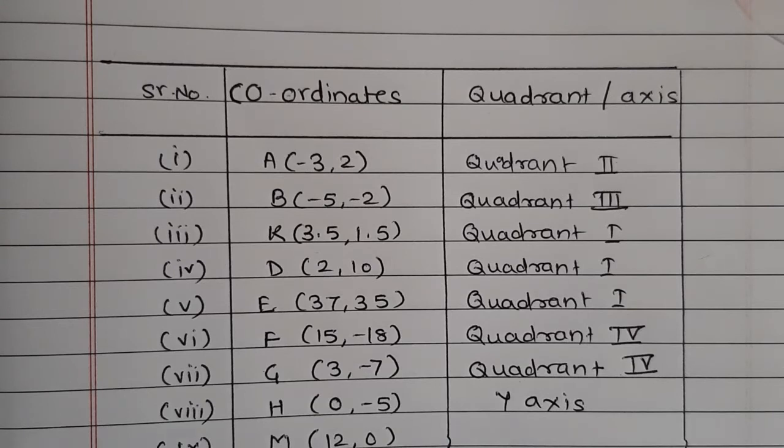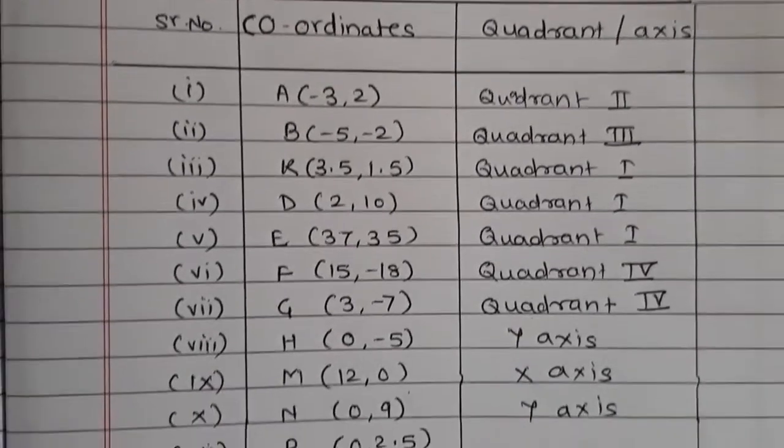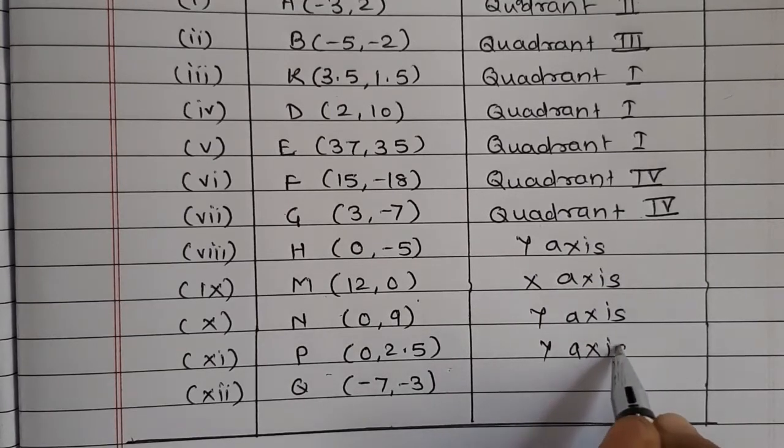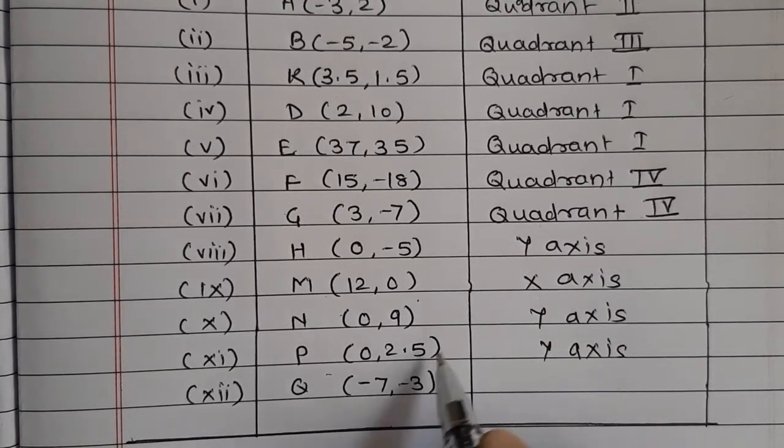M (12, 0) lies on the x-axis. N (0, 9) lies on the y-axis. P (0, 2.5) lies on the y-axis. And (-7, -3) lies in quadrant 3.